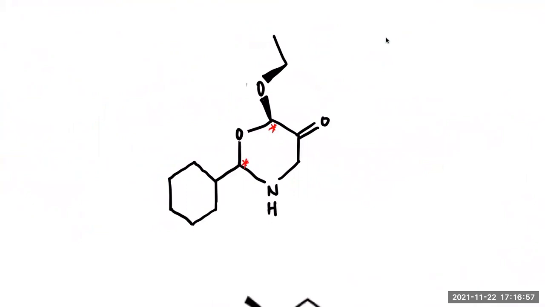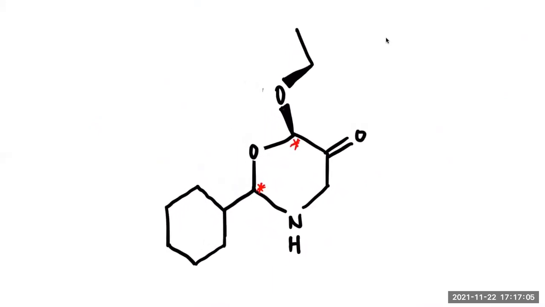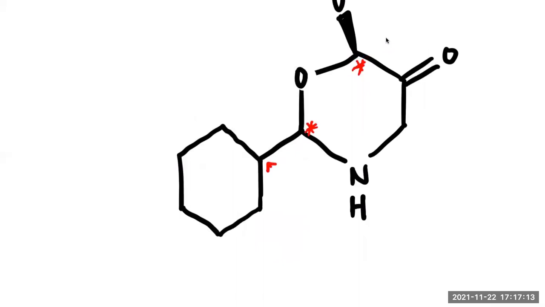I want you to ask yourself, did you think this was a stereocenter? If so, I see where you're going, but this substituent here is symmetrical, okay? So let's say we're trying to see if it's a stereocenter, if we go this way, or if we go this way, we're gonna have the same substituent on both sides.